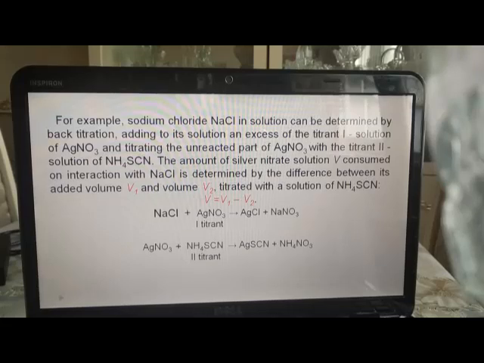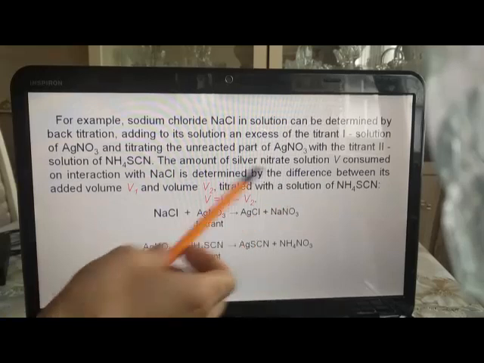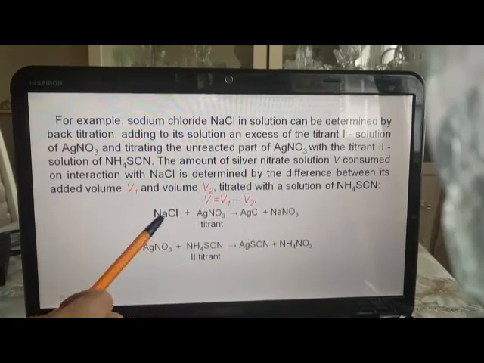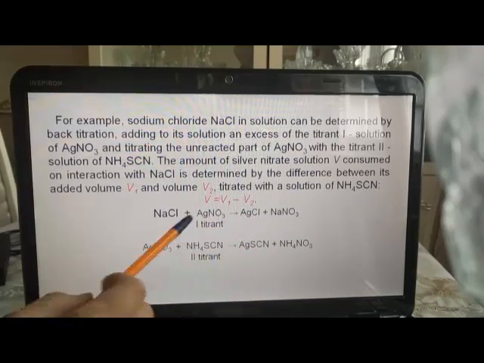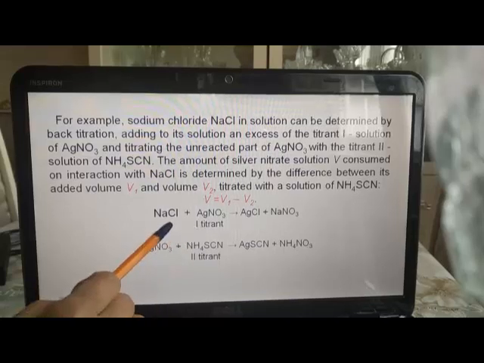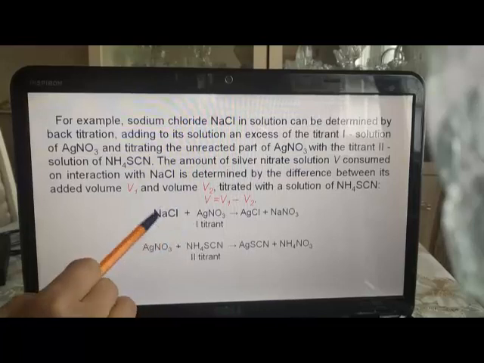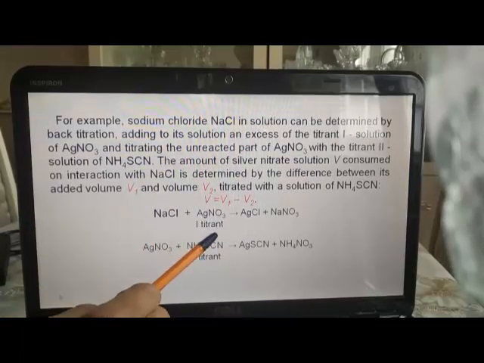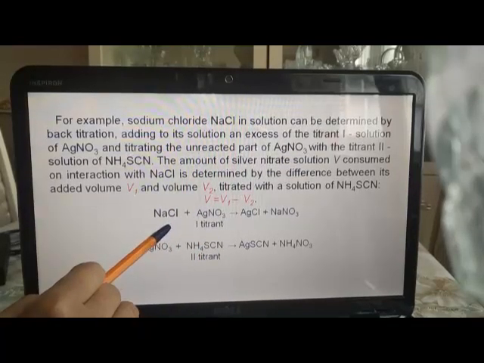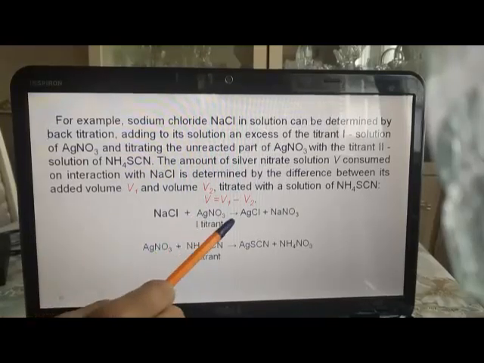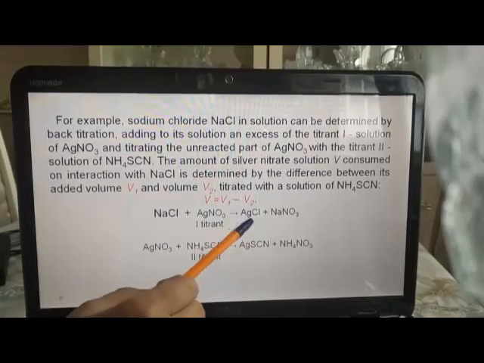We can present this in the form of two reactions. In the first reaction, for determination of sodium chloride, silver nitrate is added to sodium chloride in excess and forms a silver chloride precipitate.